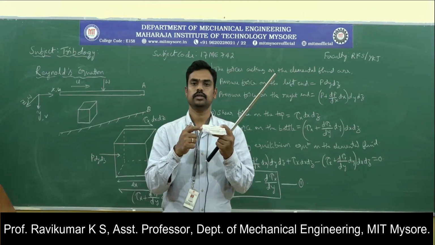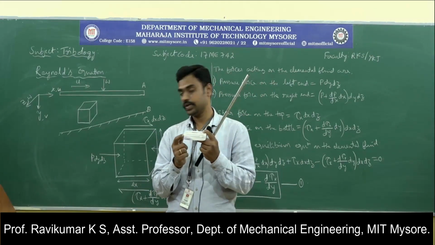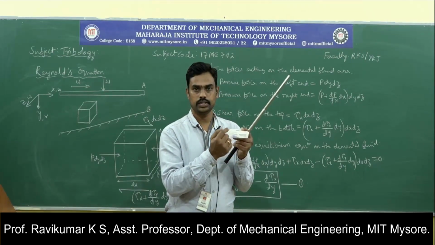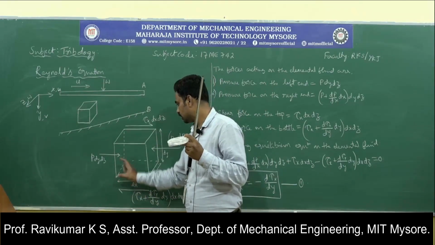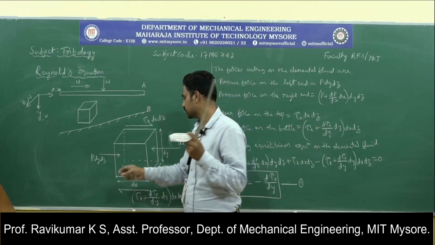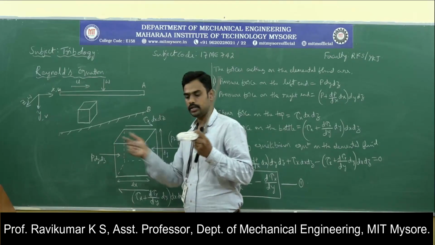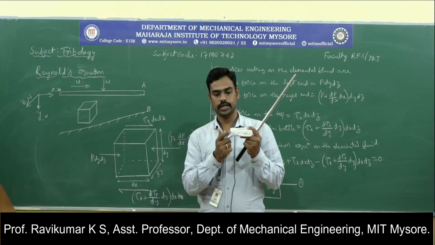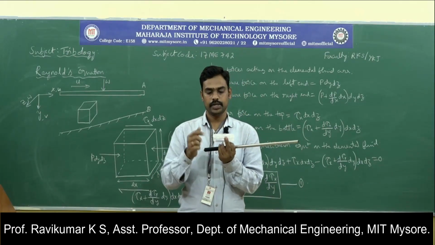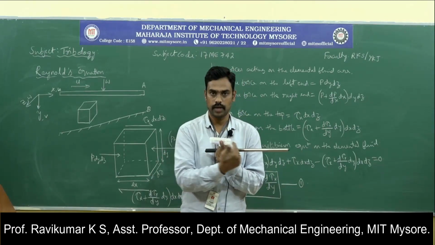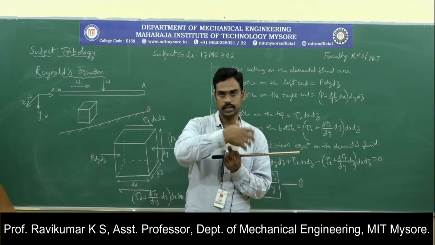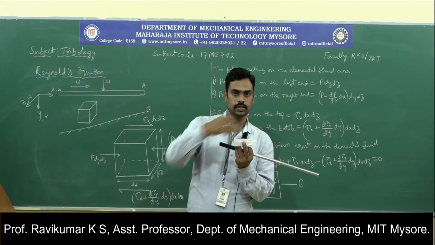This is the left hand surface where we need to consider this amount of area, dy into dz. Then at this particular position, the pressure will not be the same because of the length, so the variation of pressure because of the length is considered.